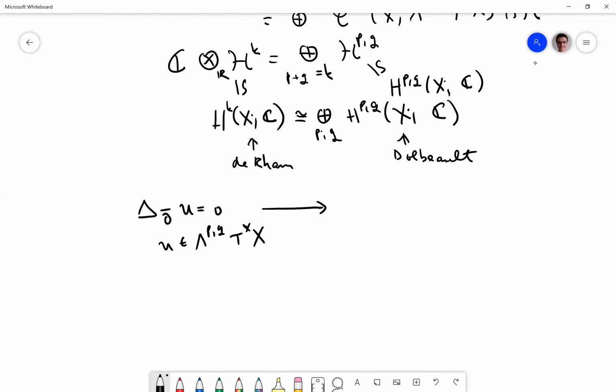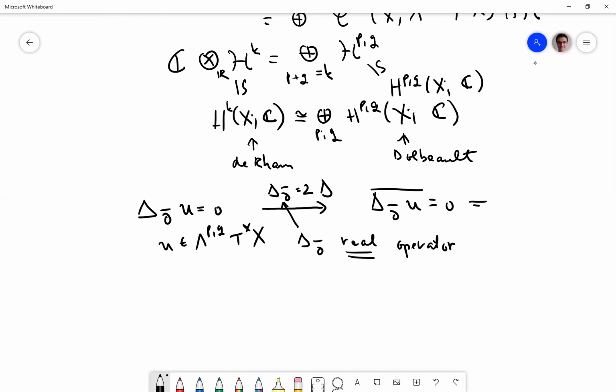Now, since I know that the Hodge Laplacian is twice Laplace Beltrami, the Hodge Laplacian is a real operator, meaning when I take the conjugate of this expression, that's equivalent with the Hodge Laplacian of U conjugate vanishing, right?